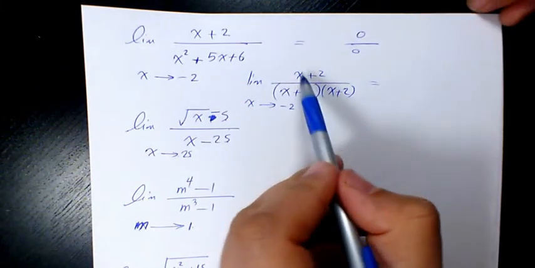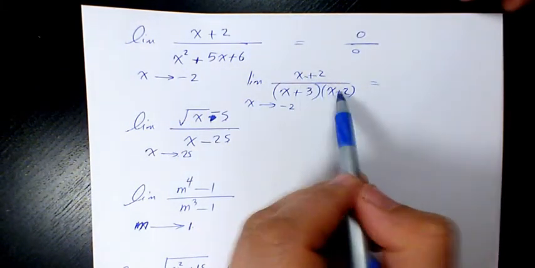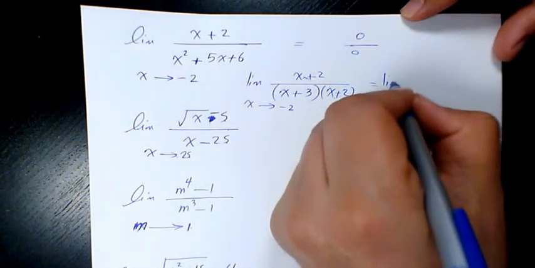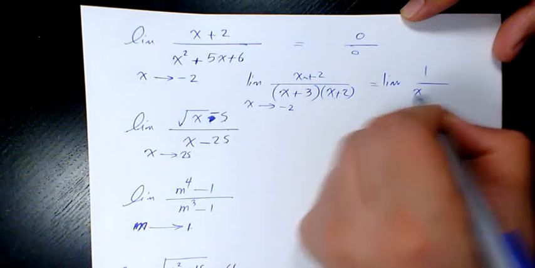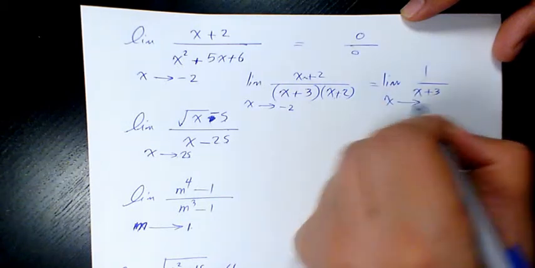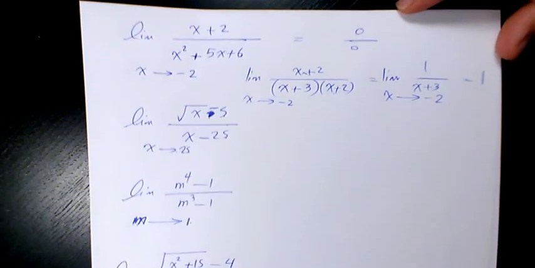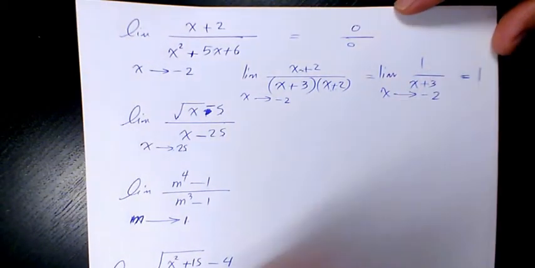Now as you see here, x plus 2 and x plus 2 are basically the same, so we can simplify that. It's going to be the limit of 1 over (x plus 3), x approaches negative 2, which is going to be 1 over 1, and that's going to be equal to positive 1.